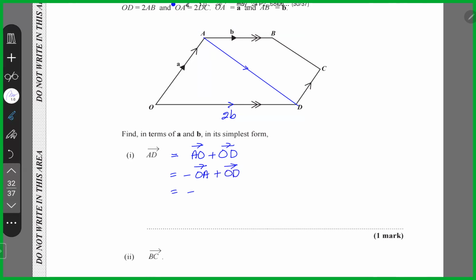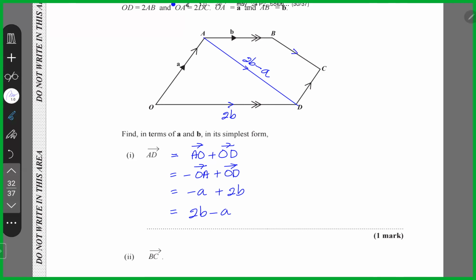So this is minus A plus OD, which is 2B. Put in the 2B first, 2B minus A. So this vector here is 2B minus A. Next, we need BC. Okay, BC, that's this vector here.